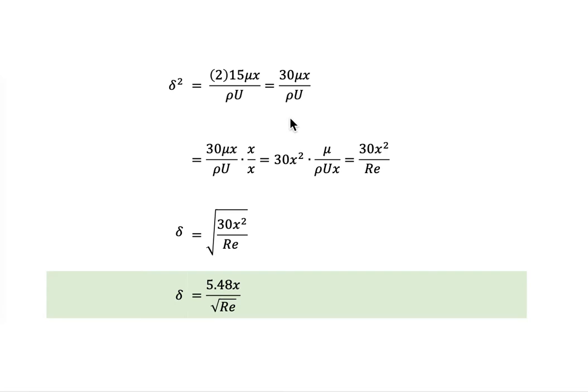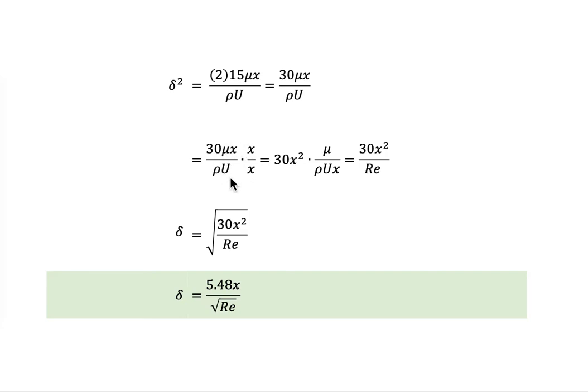Reynolds number is rho u x over mu. However, in this term, the x is at the top, so we multiply by x over x, which is equal to 1, so the terms remain the same value.